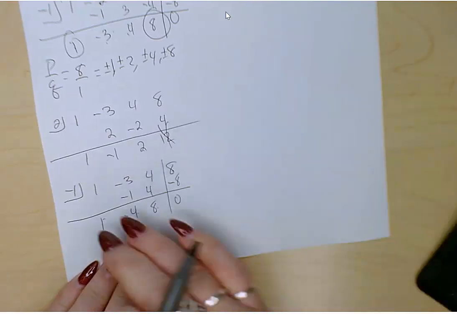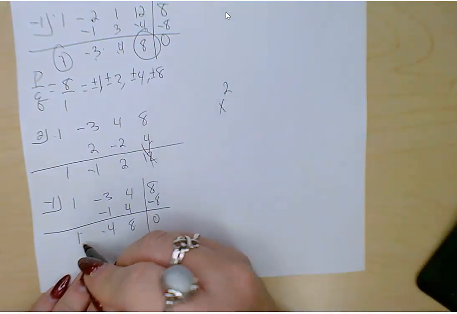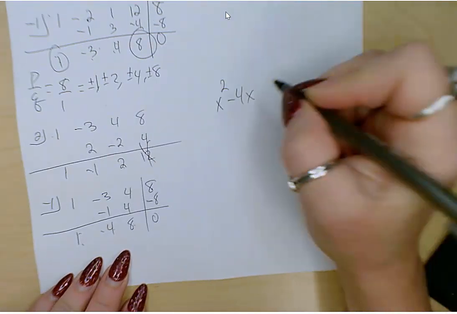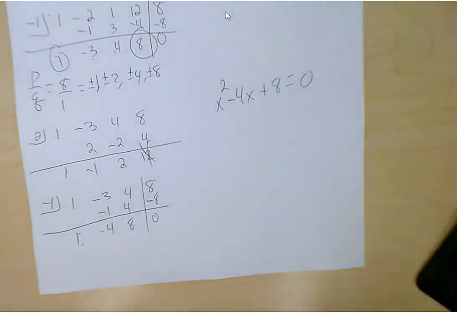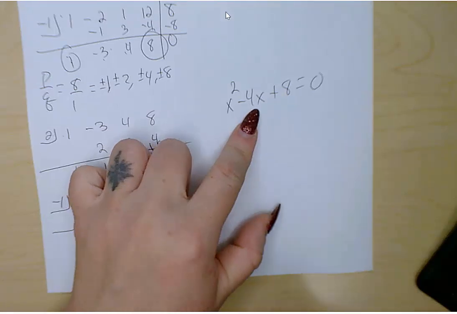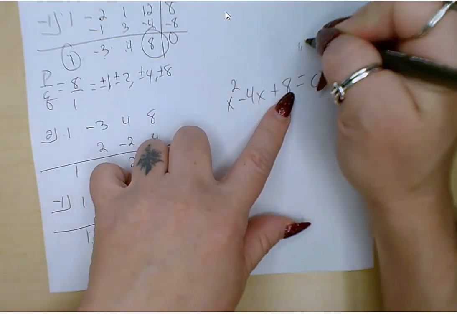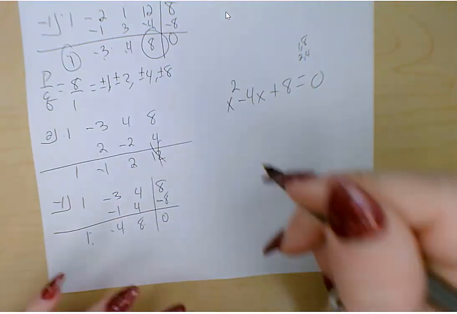Which means our remaining numbers here represent our quadratic equation. This is 1x squared minus 4x plus 8 is equal to 0. Factors of 8 that add or subtract to get 4 are not going to work for us here. There's no way we're going to get a 4 out of a 1 times an 8 or a 2 times a 4.